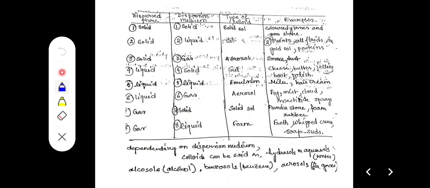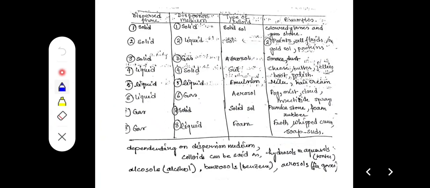Now we have to consider colloid. There are two phases: one is the dispersed phase, the other is the dispersion medium. The medium in which the particles are added is termed the dispersion medium, and the particles that are added are termed the dispersed phase. As for example, like adsorption, we have adsorbent and adsorbate.